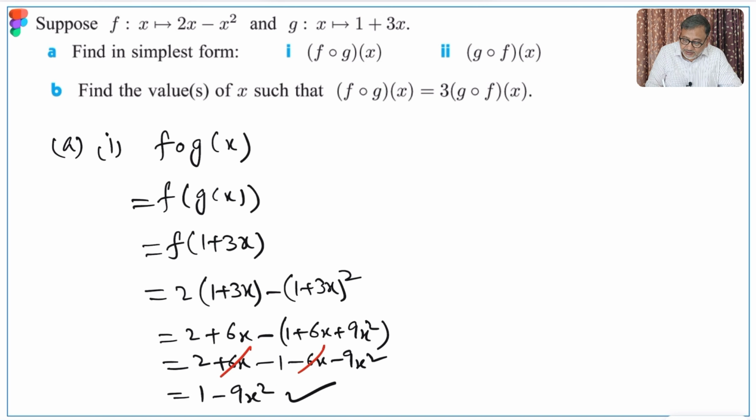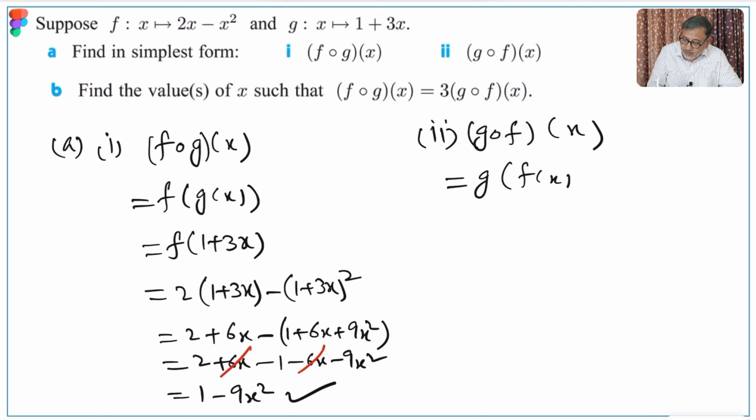Then the second part will be g dot f of x, right, which will be g of f of x. Now f of x is what? f of x is this, 2x minus x square. So g of 2x minus x square, and g will apply on x as 1 plus 3 times whatever is inside the bracket.